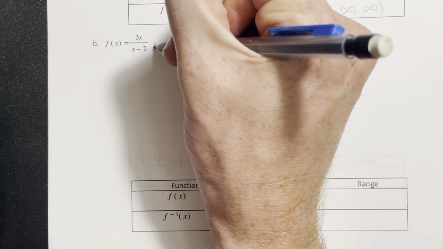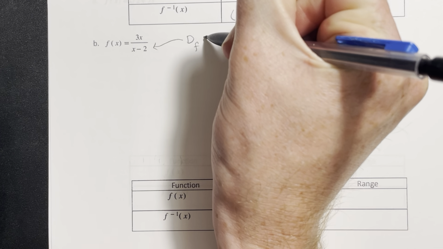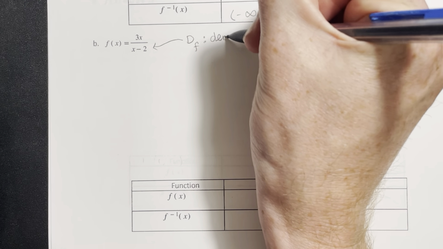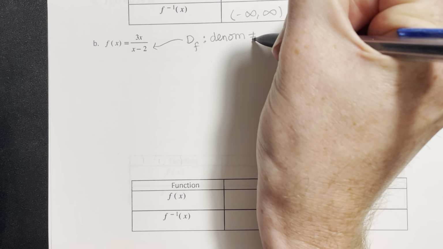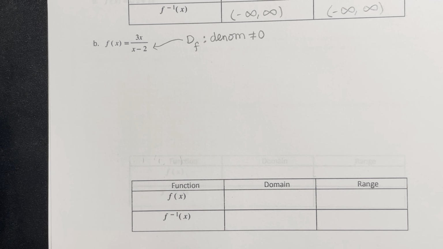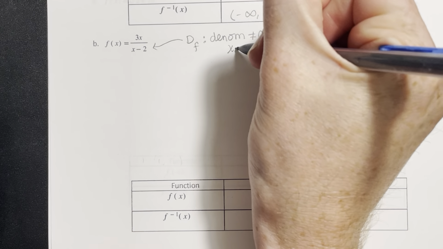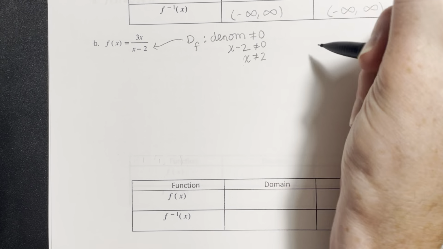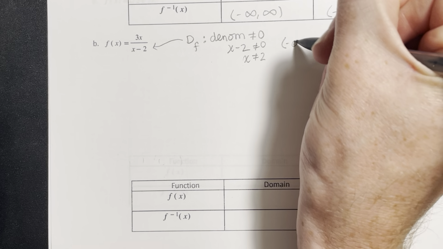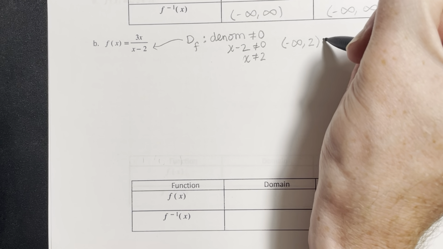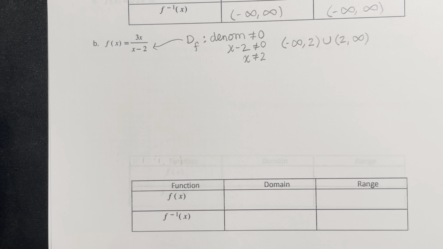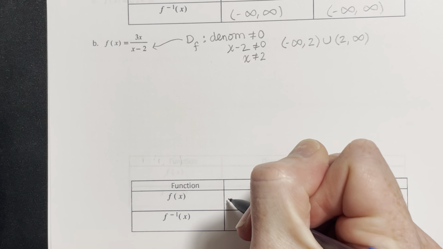So if I were to do the domain of f, we know that the denominator cannot equal 0. x minus 2 is the denominator, so that would mean x cannot be 2. In that domain, it would be negative infinity all the way up to 2, and then 2 to infinity. That's the only value that's excluded from the domain.